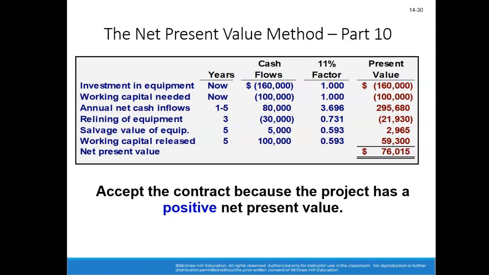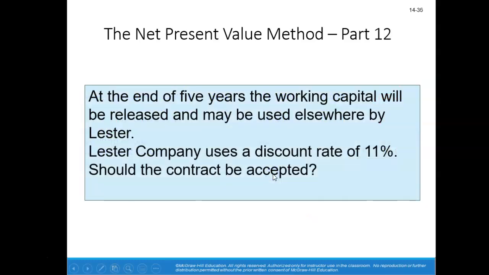It's actually even higher because if it was just 11%, this amount would be zero. Because it's $76,000, we're getting higher than 11% return on our investment. So this is known as the net present value approach to determine whether or not we should accept the actual project.